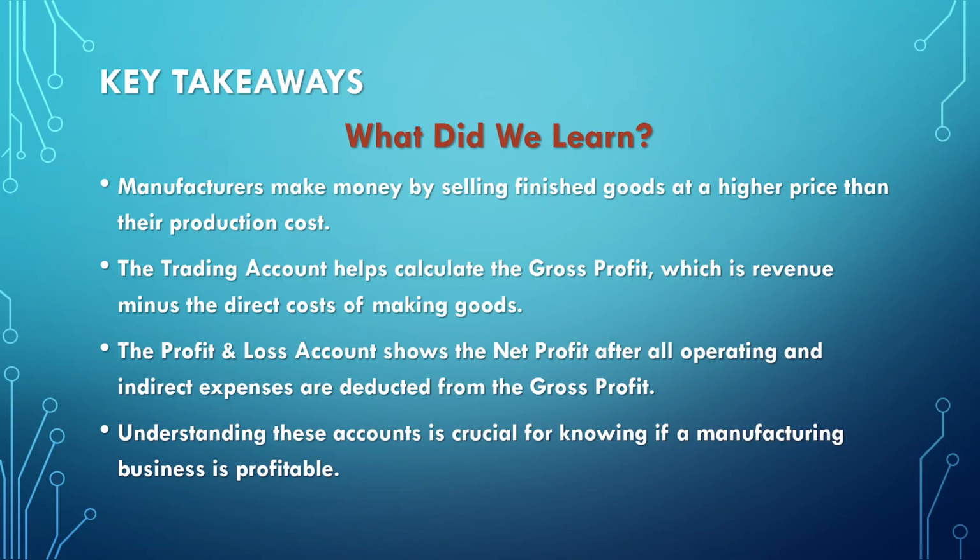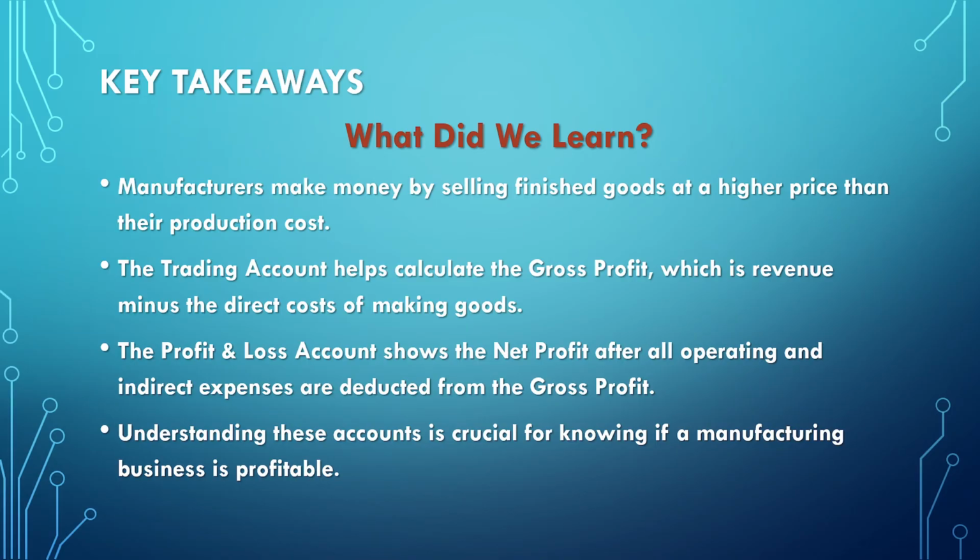Okay, traders will also buy products and sell them at a higher price than what they bought them for. Okay, and the trading account basically calculates the gross profit, and it does so by focusing on direct costs of production.